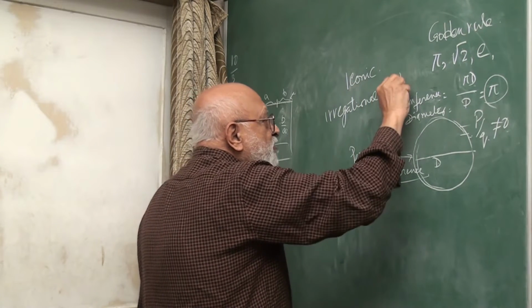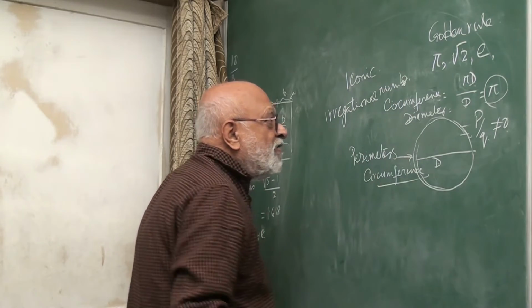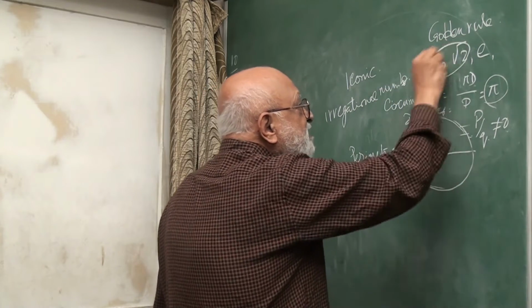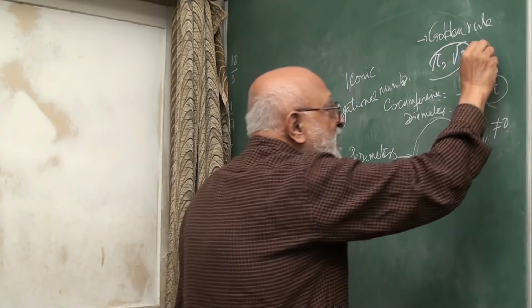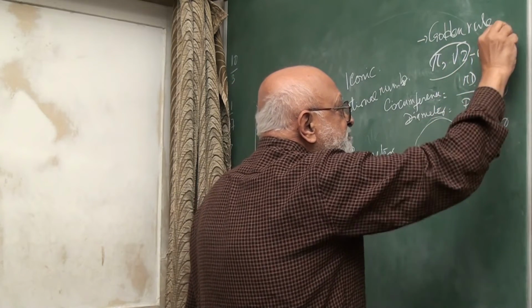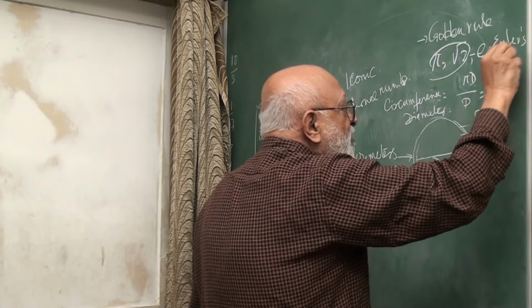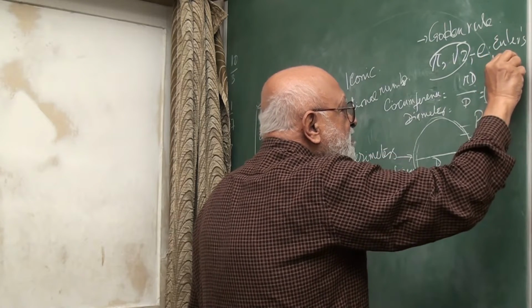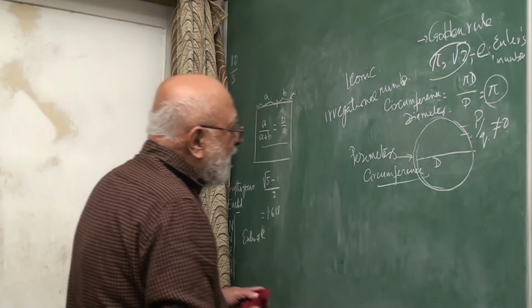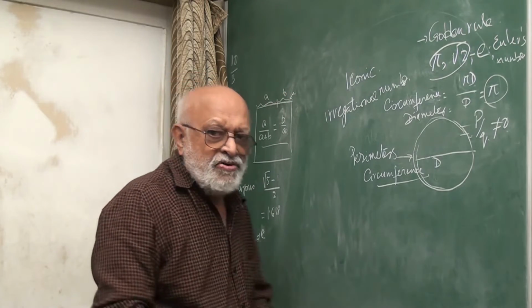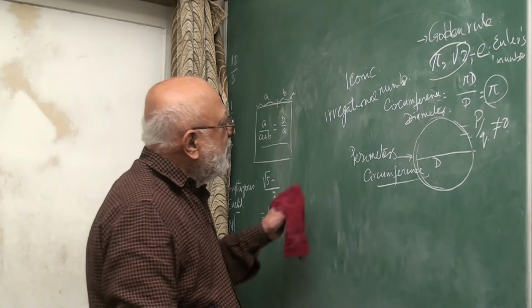You have already learned about the golden ratio, and this is called Euler's number. This you will learn in higher classes, so I am not going to continue it here.